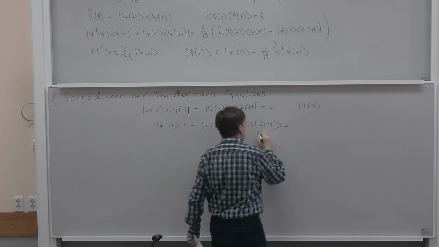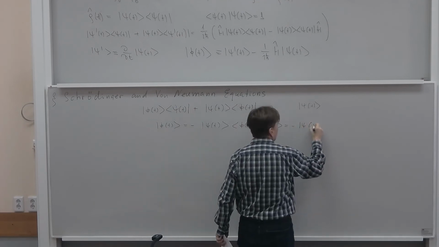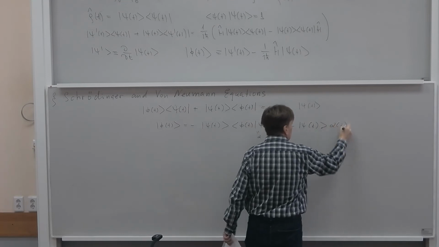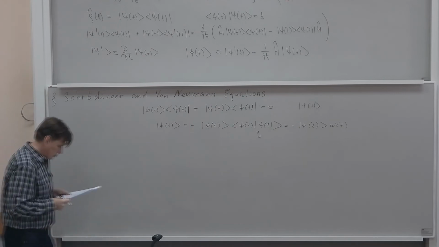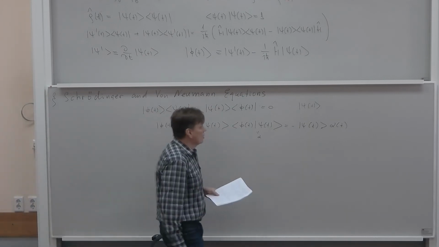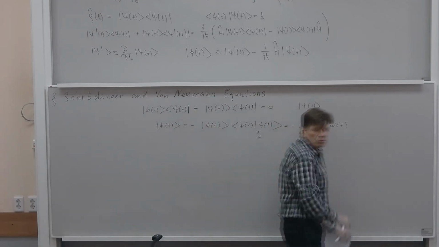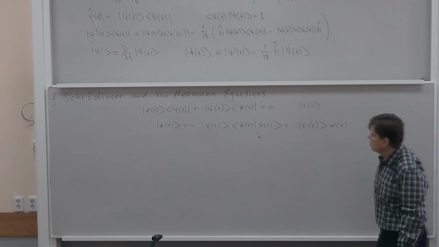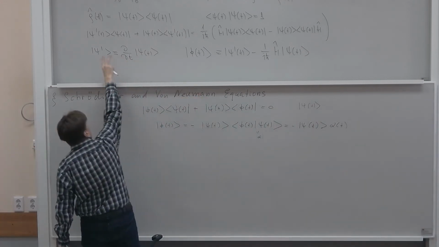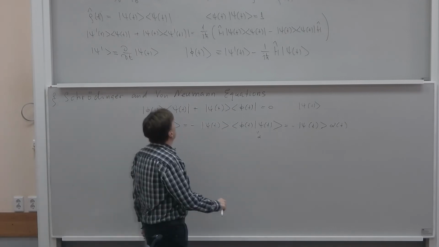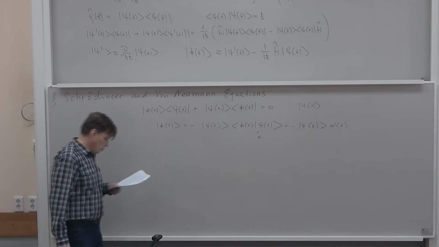I get minus psi of t times alpha of t. So indeed, vectors phi and psi must be proportional to each other whenever this projector built of psi satisfies the von Neumann equation.